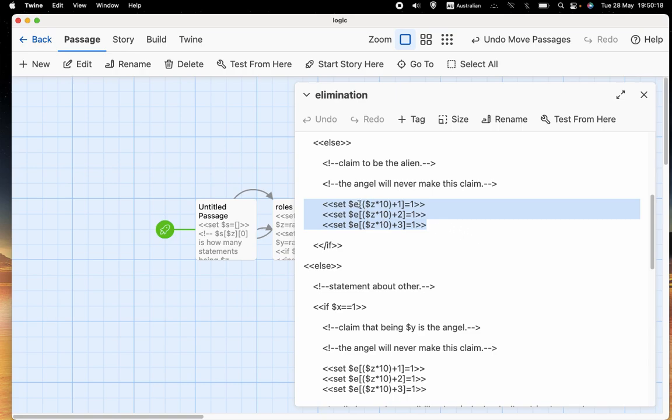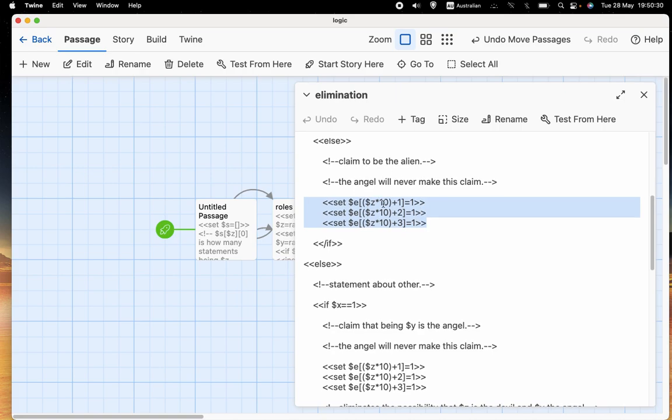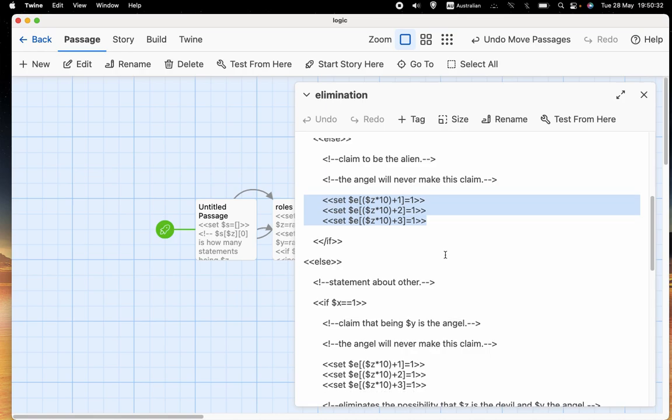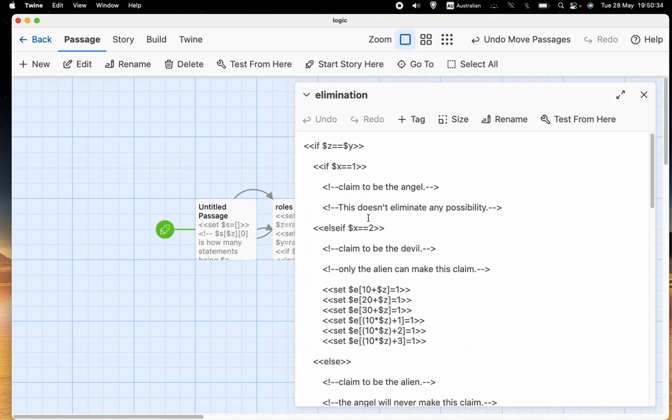Well, 11 is false because it's always false, but 12 is false because it can't be that being 1 is the angel and 2 the devil, because the angel wouldn't make the claim to be the alien, and so similarly for the other one. So that's claims about the self.